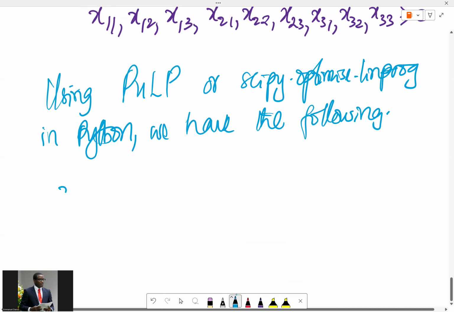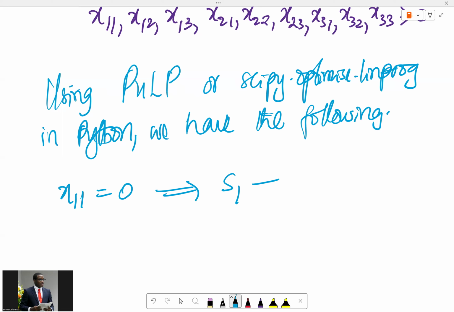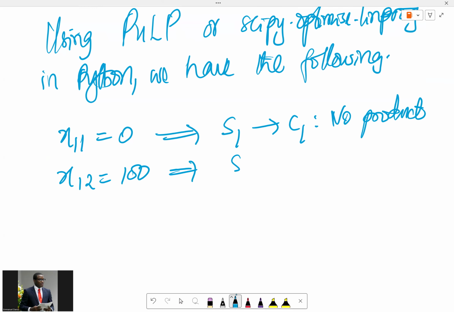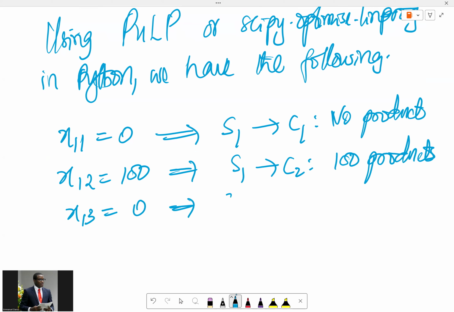First, x11 will be 0. That simply means that from supplier 1 to consumer 1, no need to supply any product based on the plan. Then we have x12 to be 100. That means that from supplier 1 to consumer 2, supply 100 products. Then x13 is equal to 0. That means from supplier 1 to consumer 3, no products.